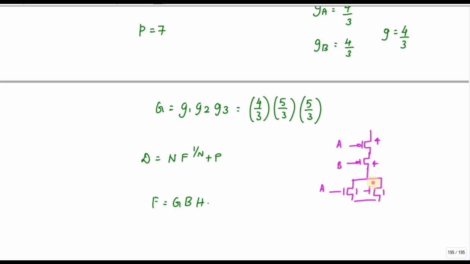This is A, this is B. The A value is 5, that is 4 plus 1. Divide by 3. Similarly, GB is 5 by 3, so if you take the average, it is 5 by 3. If I solve, I will get 25 into 4, 100 divided by 27.